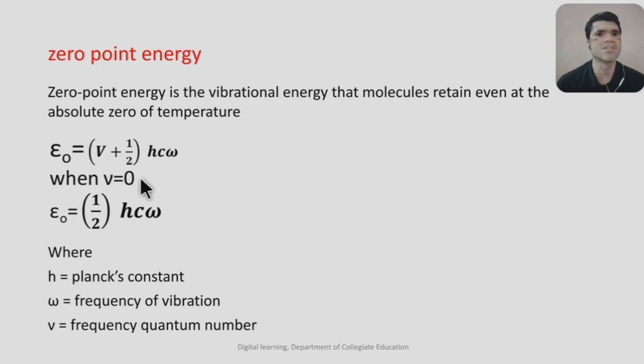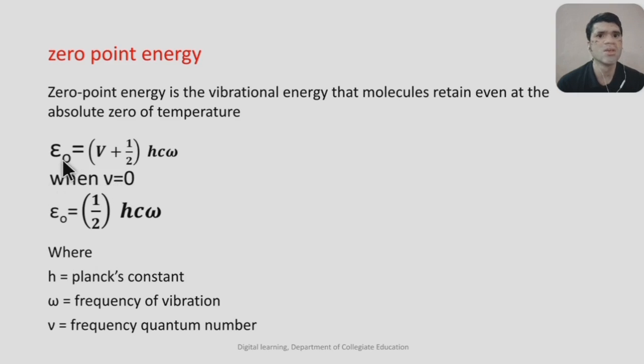Zero point energy. Zero point energy is the vibrational energy that a molecule retains even at absolute zero temperature. So at absolute zero, the energy of the molecule is not zero. Instead, it is 1/2 hcω. Even at absolute zero, the molecule retains some amount of vibrational energy.